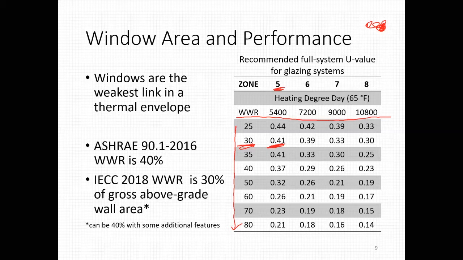Good. So with these recommended values, does it matter if you were to use something that was even higher performance? Does it make a significant difference, or is the reasoning for having a 0.41 U value at a certain point just that you need to have that specific one for it to be viable?